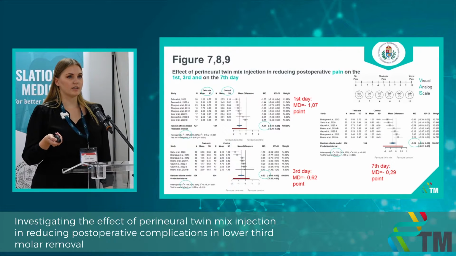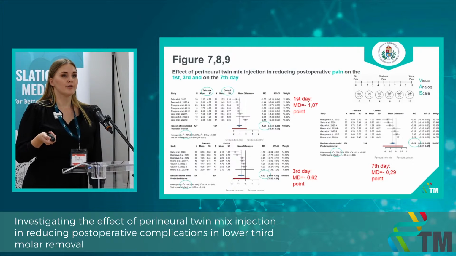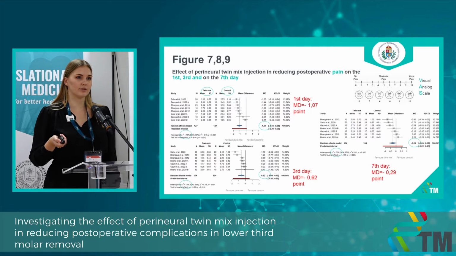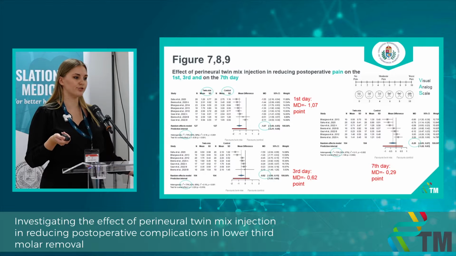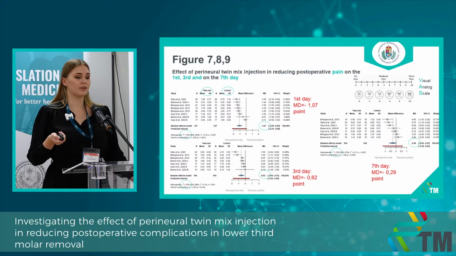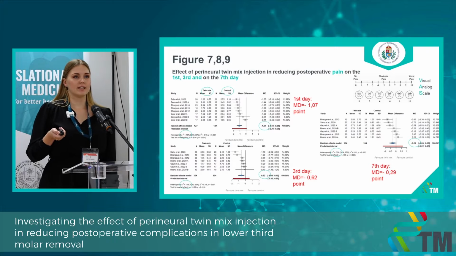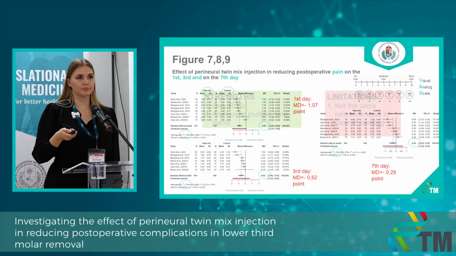In this case, the ideal situation would be 0 points, which means there is no pain. We can see that on these figures, the heterogeneities are quite high, and the explanation for this can be that the pain is a subjective feeling. We can say that the first and the third days are clinically relevant.